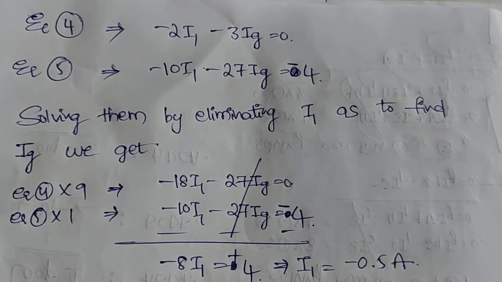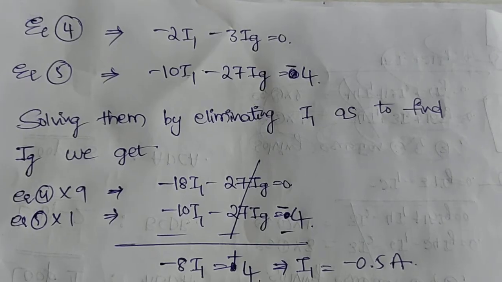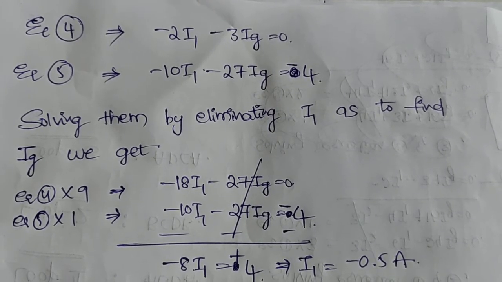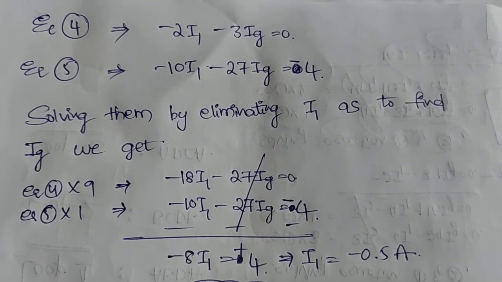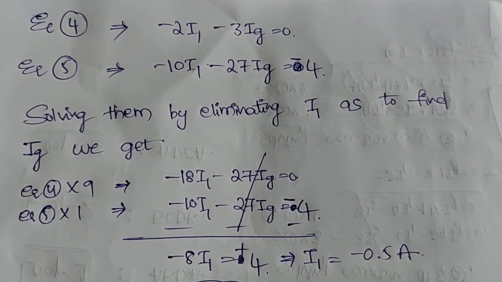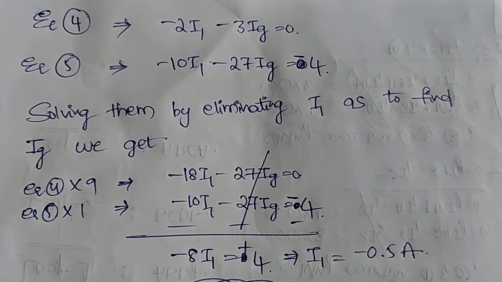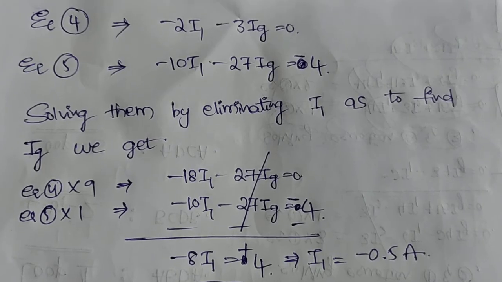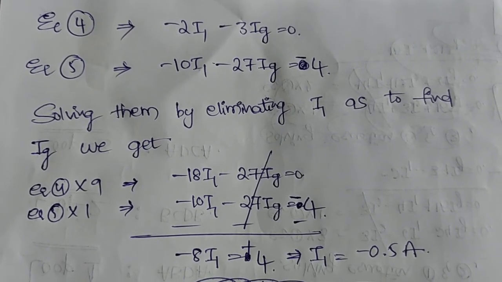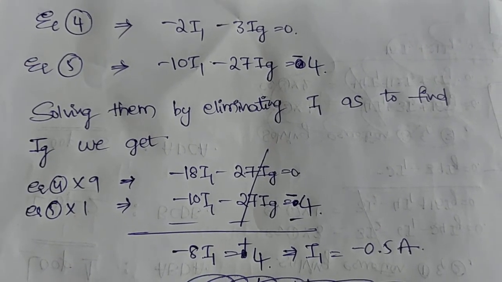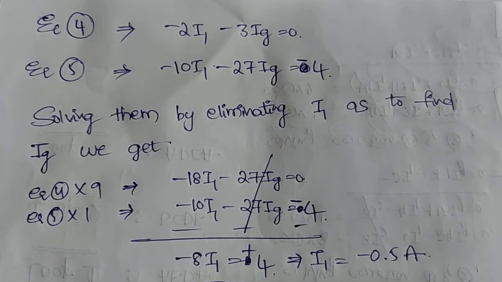Multiplying equation 5 with 1, we get minus 10I1 minus 27Ig equals minus 4. Solving the equations, we get minus 8I1 equals plus 4. So I1 equals minus 4 by minus 8, equals minus 1 by 2, equals minus 0.5 amperes.